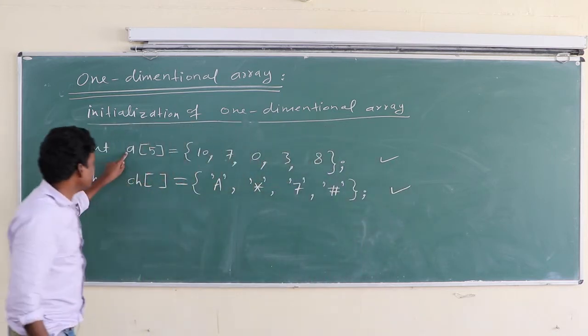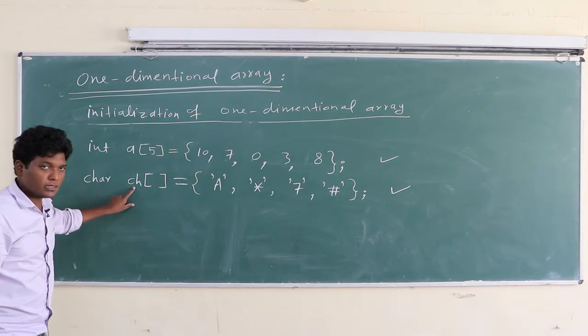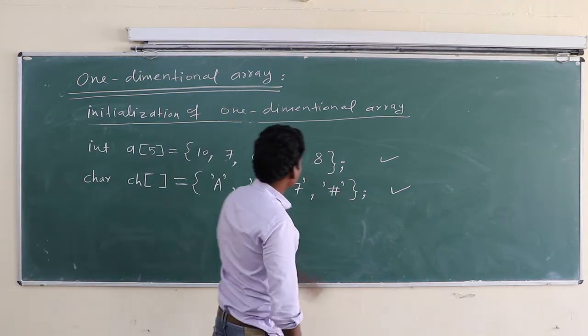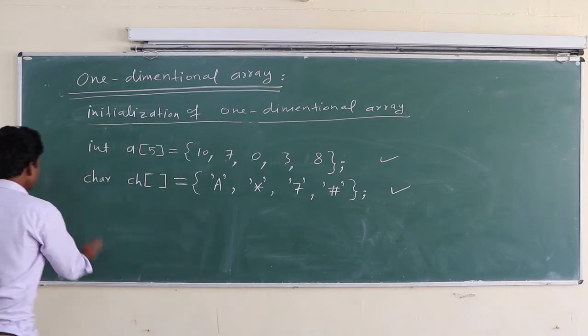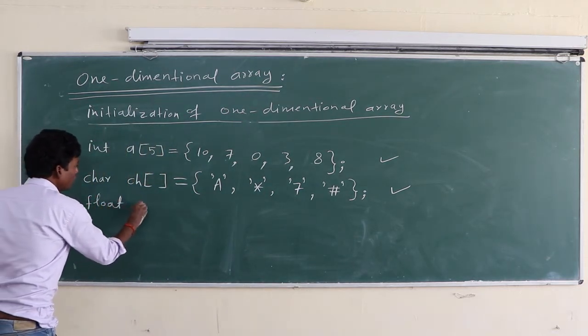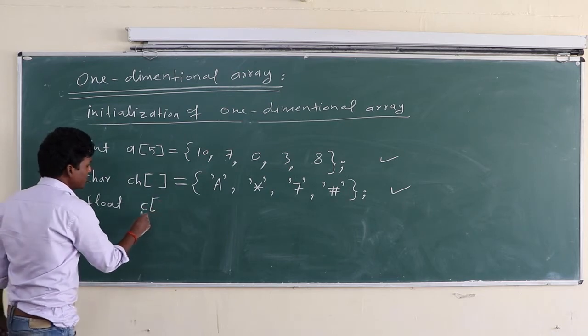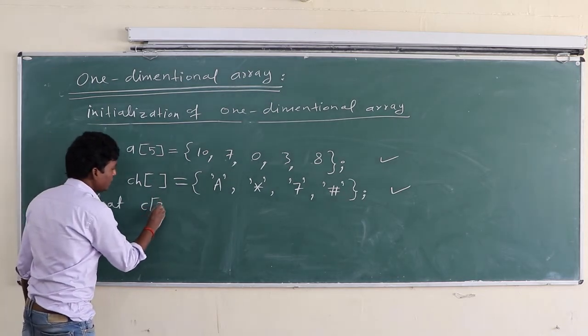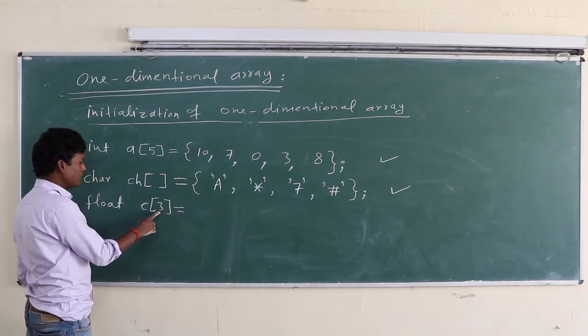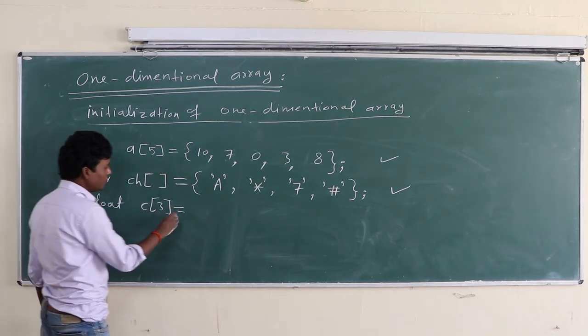This is the array of integers. This is the array of characters. And this array of characters is called a string. This is also true. Suppose, class, another data type, that is float c, and here is a 3. We can store up to 3 elements, but all 3 elements must be float type.